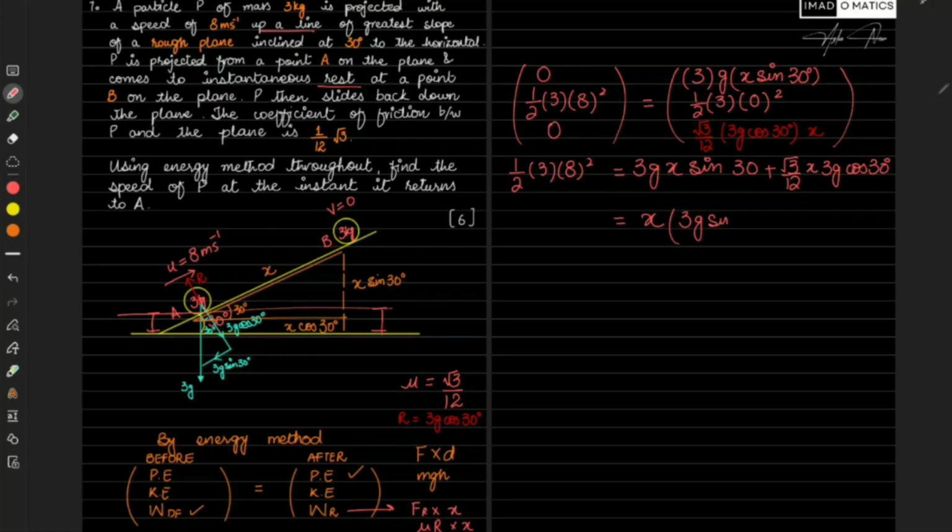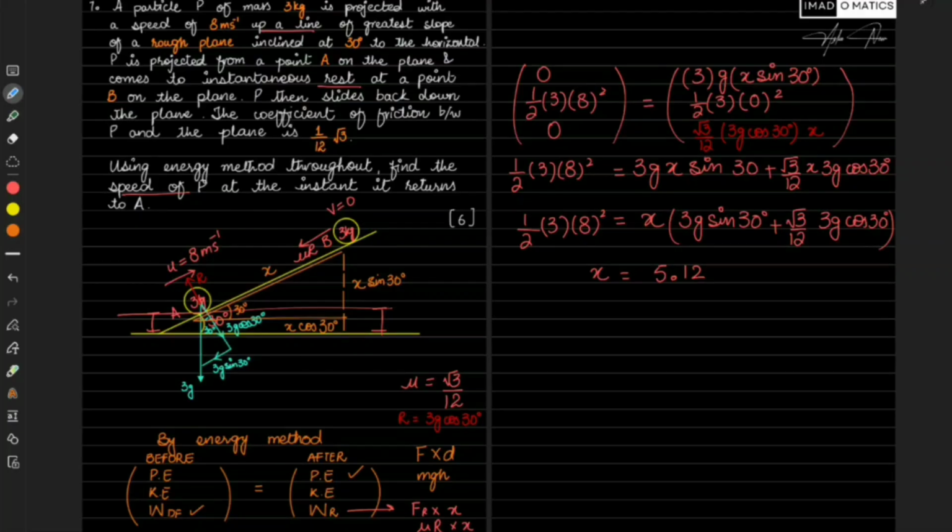So divide it with half times 3 times 8 square, and we get x to be equal to 5.12. What we were getting here, 96 divided by 15 plus 15 over 4, and this whole solution is going to give you 5.12. So yeah, that's it.